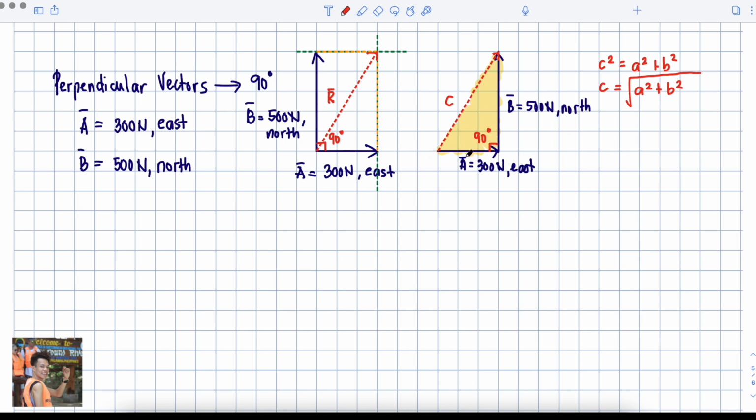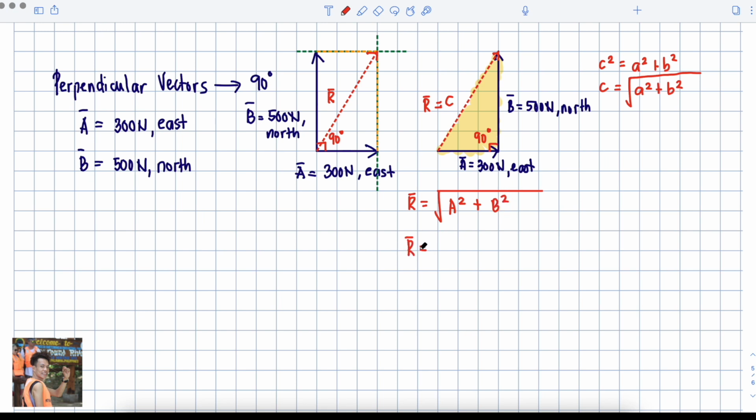Using the Pythagorean theorem now, we could get the value of our resultant vector R, which is also the hypotenuse of the triangle. So here we could substitute: R is equal to the square root of a squared plus b squared.